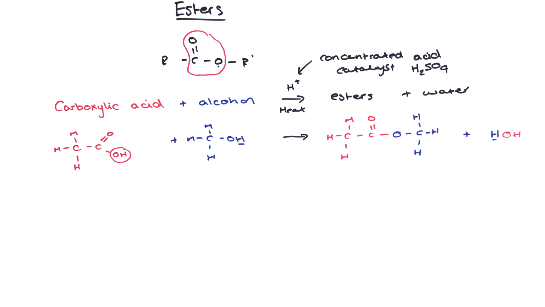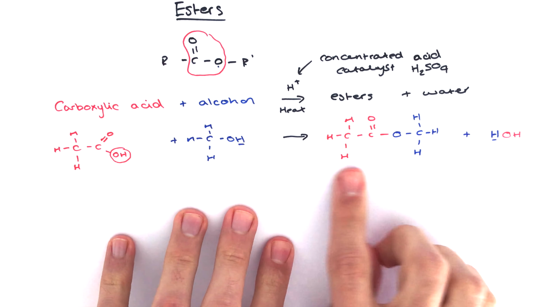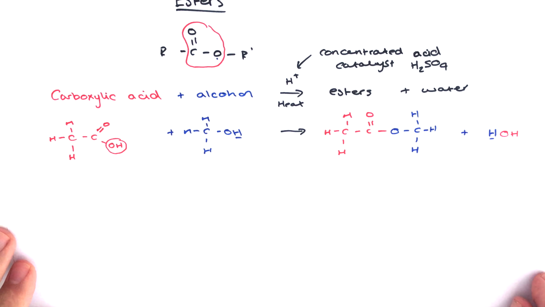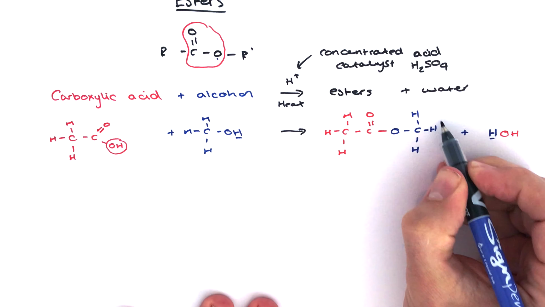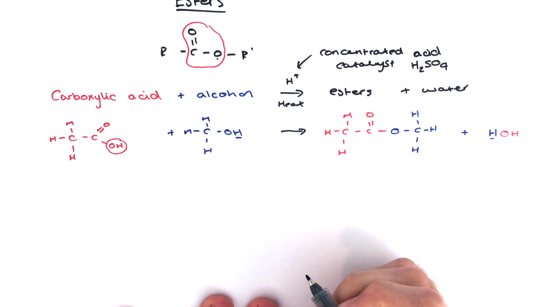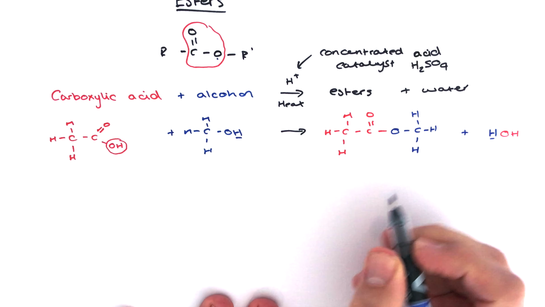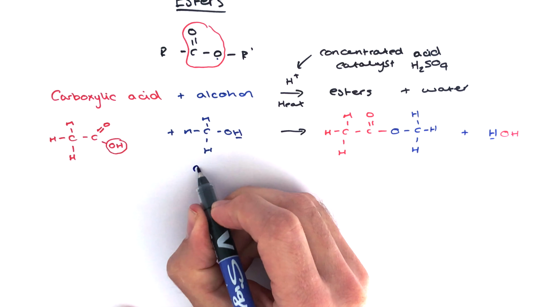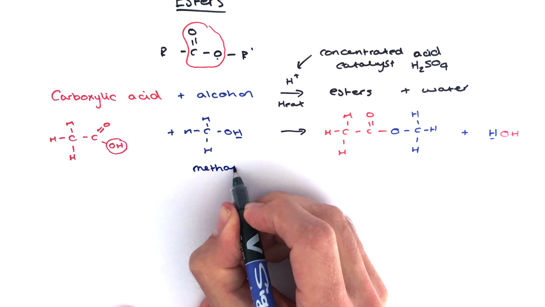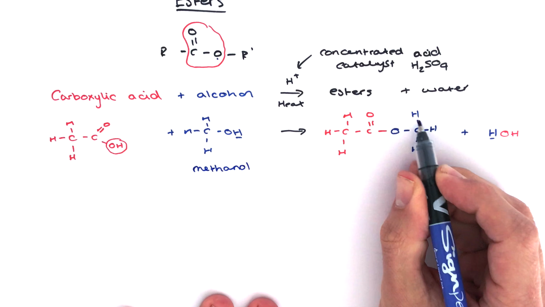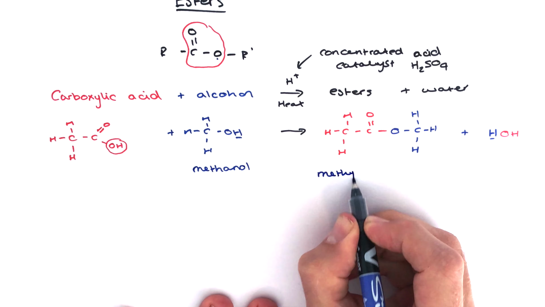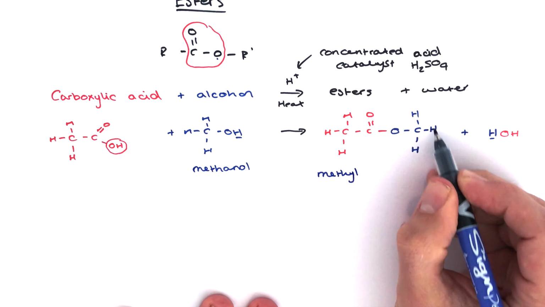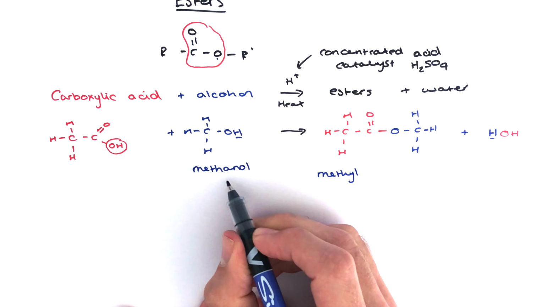Now what we need to do is have a look at how you would name an ester from this drawing. Now there are two important parts to an ester. So the first part here from the alcohol in blue is the first part of the name of the ester. Because this alcohol was methanol, so it's got one carbon in the group, it's a methyl ester. So this group here came from methanol, that's where methyl comes from.